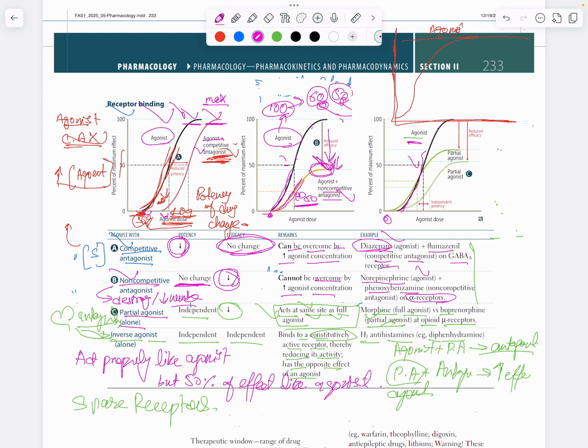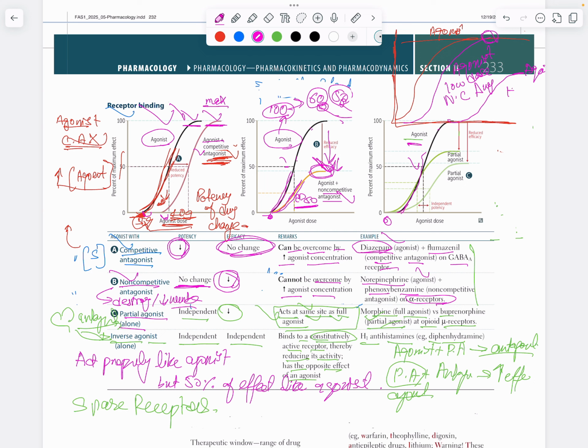Second scenario, I give the agonist with a low dose of non-competitive antagonist. What am I getting? Maximum effect. But if I give agonist with a high dose of non-competitive antagonist, I am getting less effect; efficacy will be decreased.